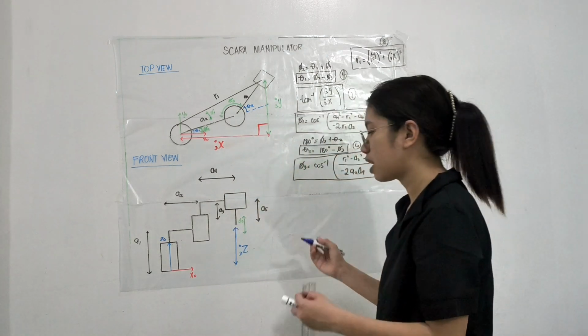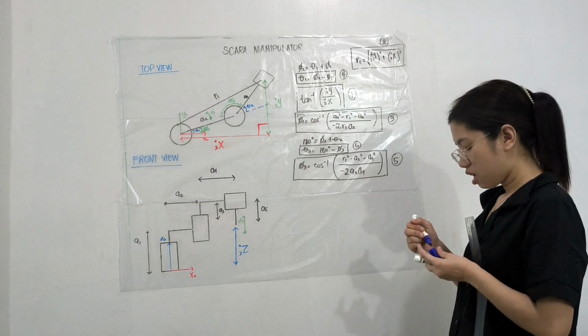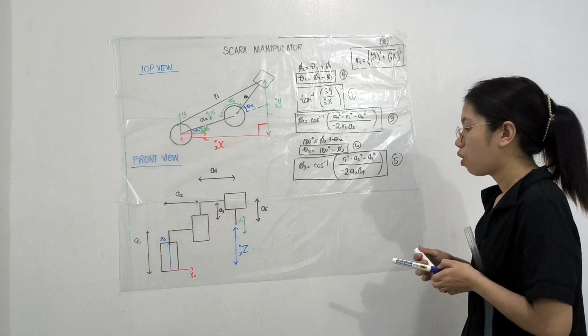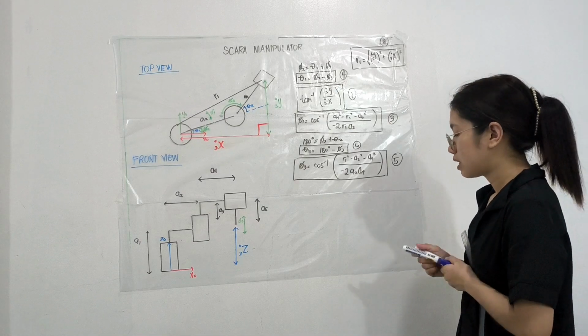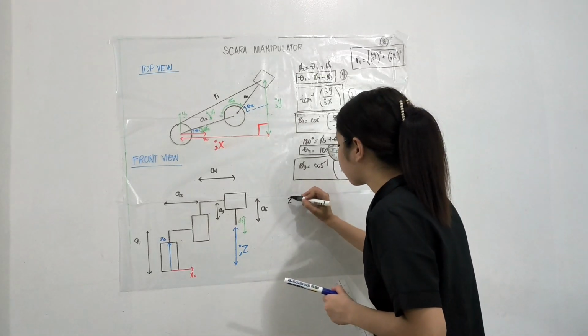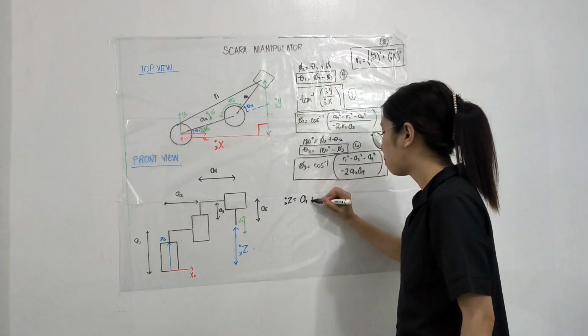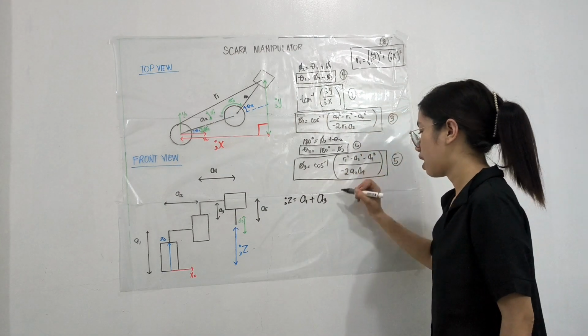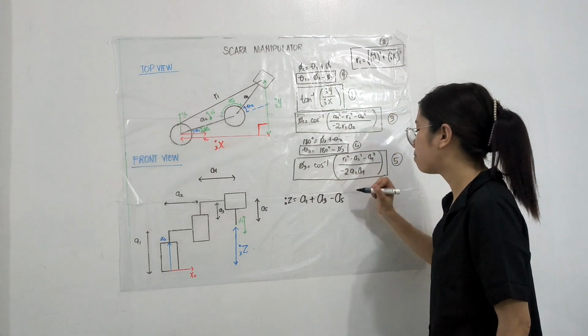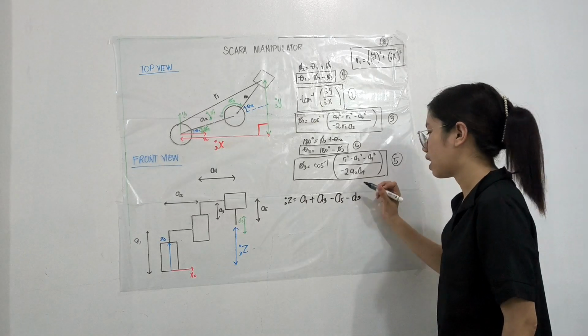To solve for d3, we can derive z sub 0, 3 is equal to a sub 1 plus a sub 3 minus a sub 5 minus d3.